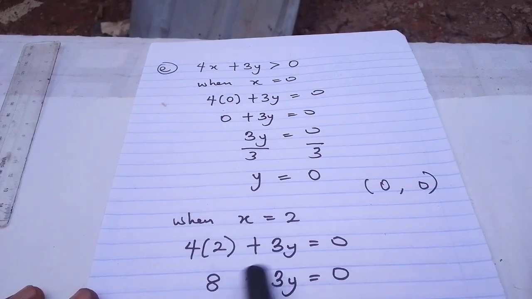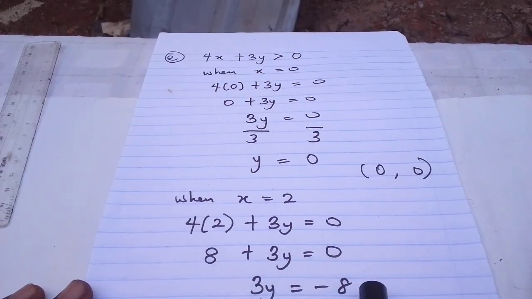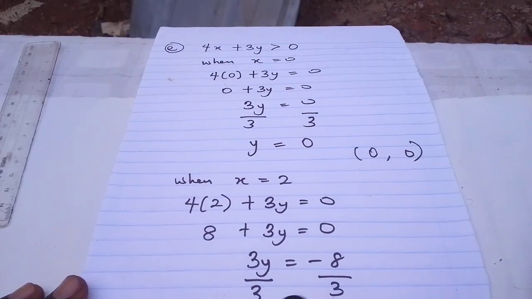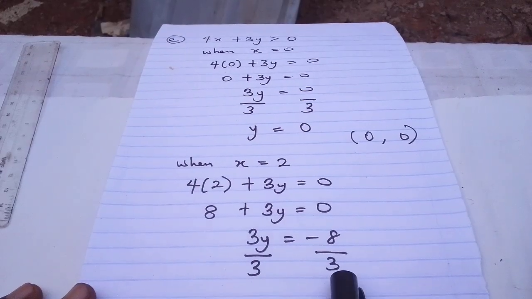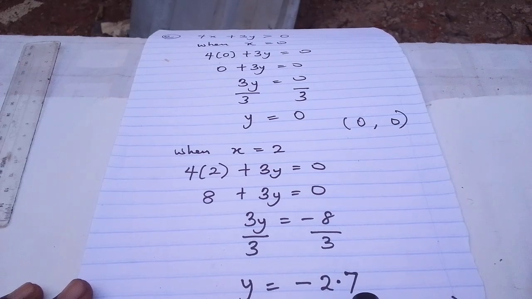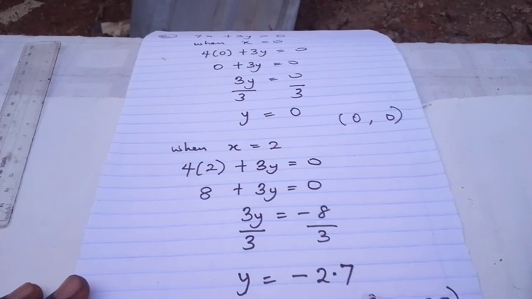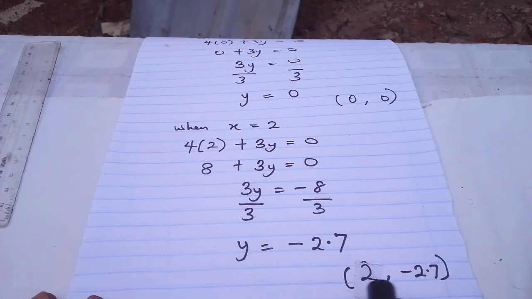When we bring this 8 to the other side, we have 3y equal to minus 8. To get y, we divide both sides by 3. So minus 8 divided by 3 will give us minus 2.7. So when x is 2, y is minus 2.7.